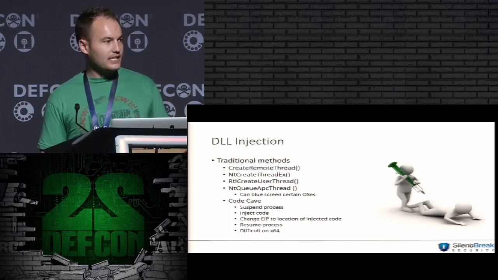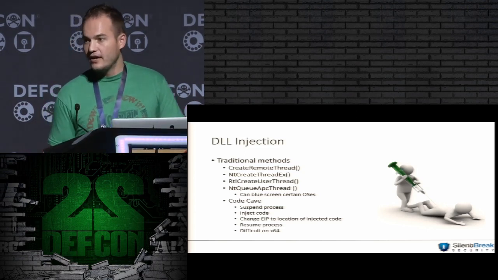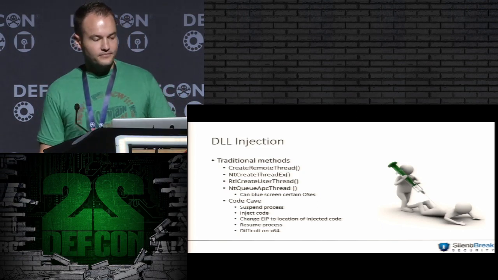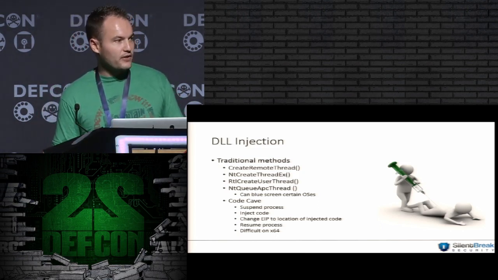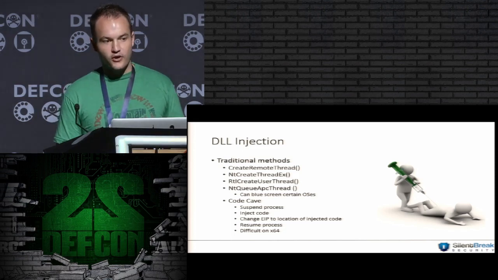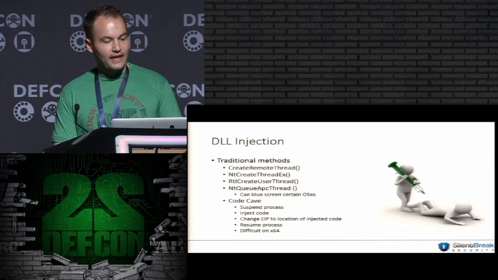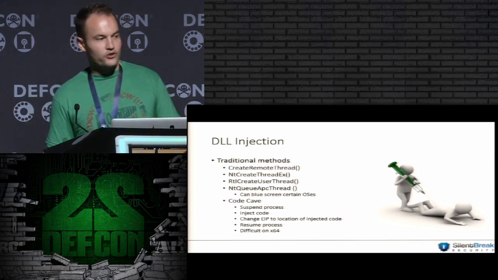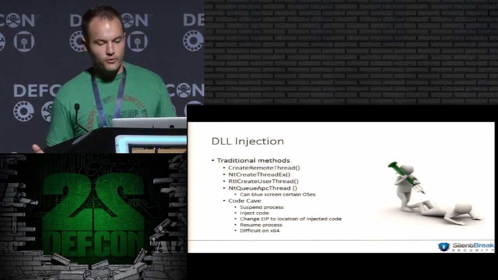I've never been able to get NtCreateThreadEx to work very well. My favorite is probably RtlCreateUserThread, which works really well most of the time. And then at the bottom you have NtQueueApcThread, which can actually blue screen certain OSs, I think particularly Windows Server 2008. For the really elite stuff, you can do code caving, also known as the Nebbett's shuttle technique, but it's extremely difficult to do on 64-bit Windows.